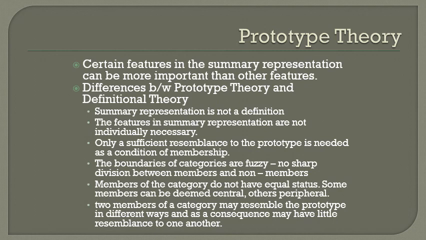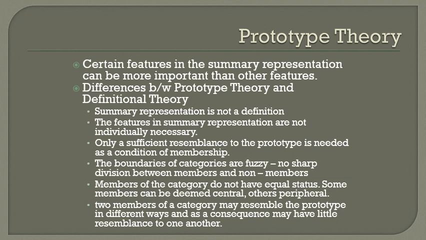Okay. So based on this, we can differentiate between prototype theory and definitional theory. The first distinction is that the summary representation is not a definition. In definitional theory, what was important is that each concept should be associated with a very clear definition. But here the summary representation is simply a list of features. The features in the summary representation are not individually necessary, right?